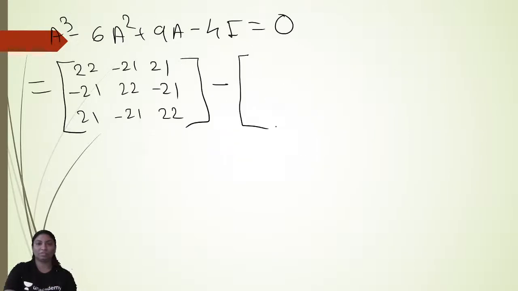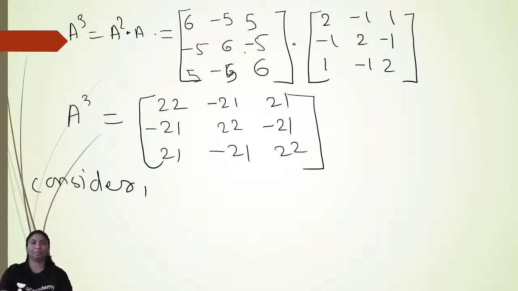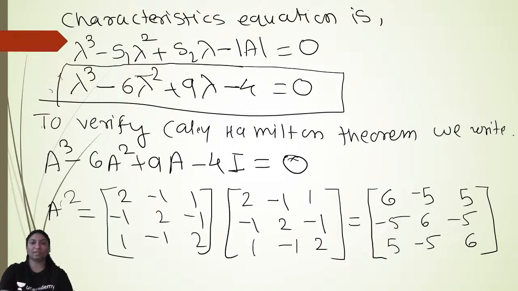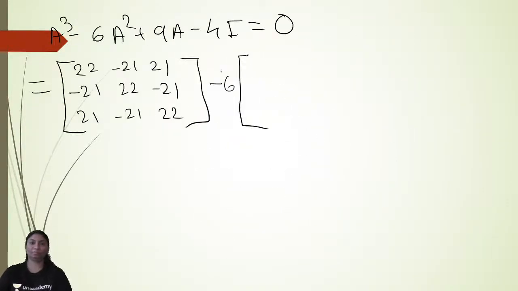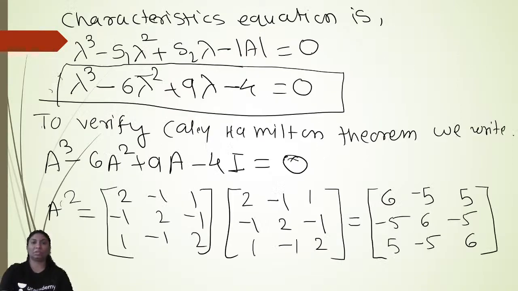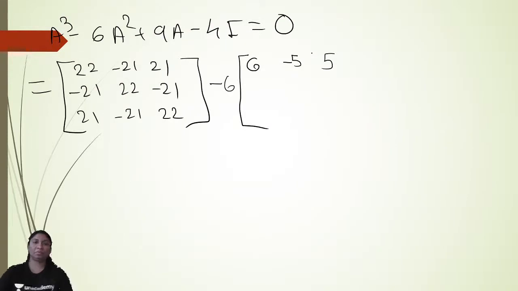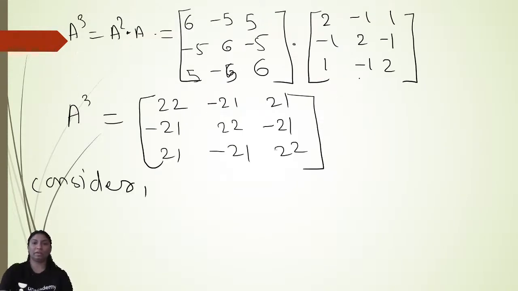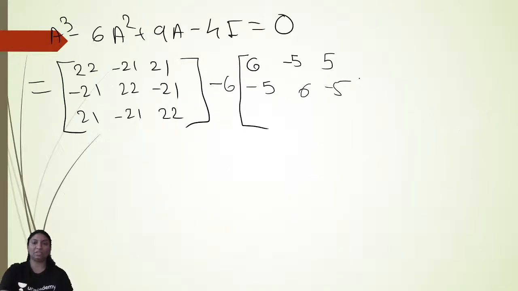So value of A square is here 6 minus 5 5, minus 5 6 minus 5, 5 minus 5 6.